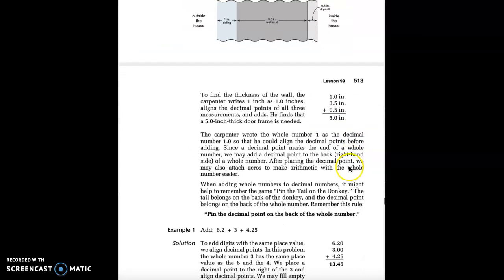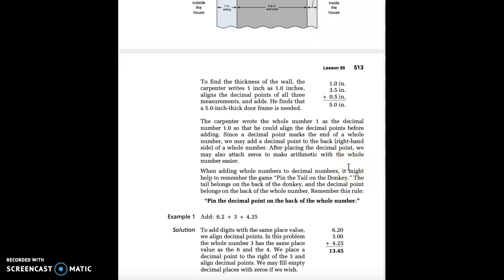So one cue to remember is this right here. It says to pin the decimal point on the back of a whole number. If we know that something is 1 inch, we can write it as 1 and 0/10, because there's no decimal or part of a number. It is all 1 whole. This number right here represents 3 whole and 5/10.